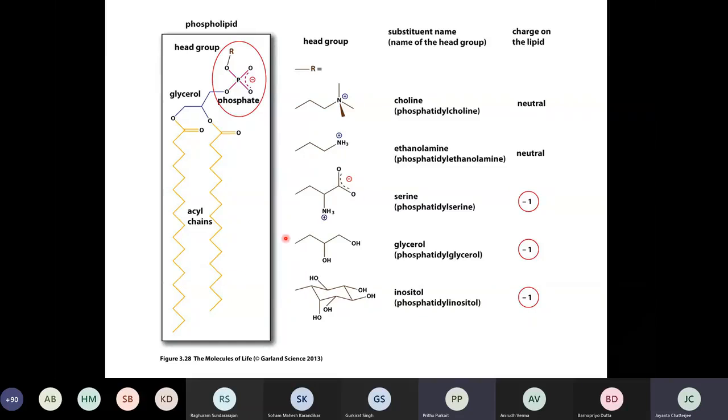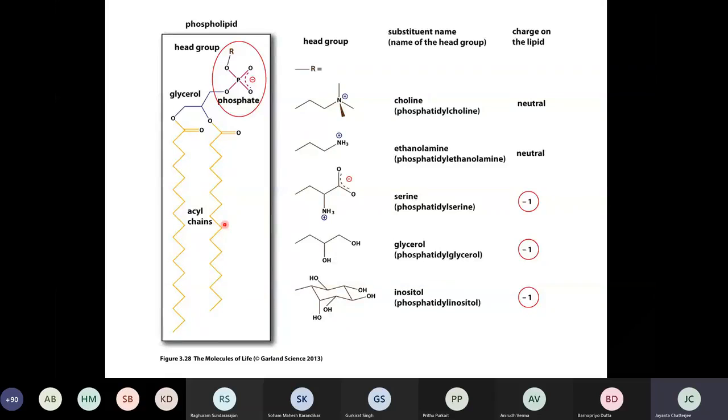The other thing you might want to know, and you will probably study it next semester or next year, is that there are many enzymes present in the membrane which can flip lipids, meaning from the outer leaflet they can go to the inner leaflet, and from the inner leaflet they can also go to the outer leaflet.